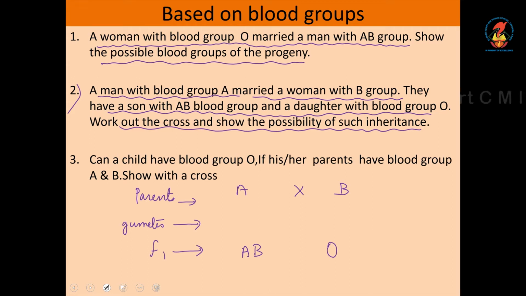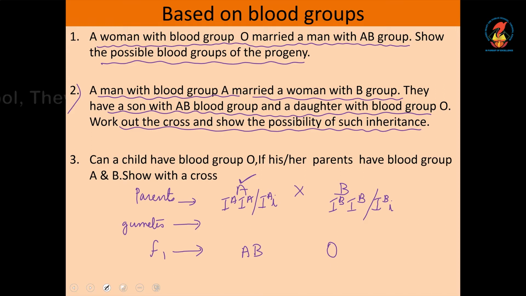Now you should be very wise in deciding which A. We can decide on this, which blood group. There are 2 options for A, IA IA or IA i. Then here IB IB or IB i.